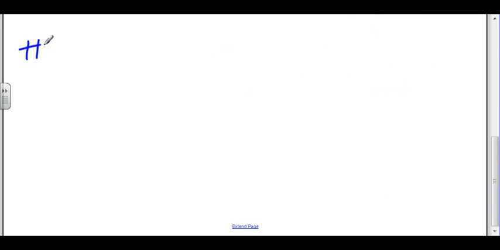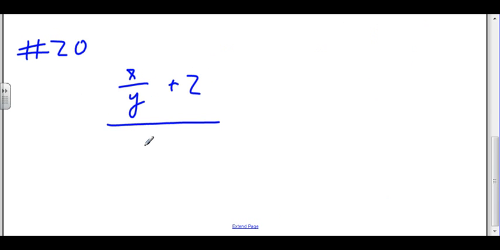Now, why do you think it is that I can do these types of problems like this? x over y plus 2, dumb luck, right? Divided by x over y minus 4y over x.